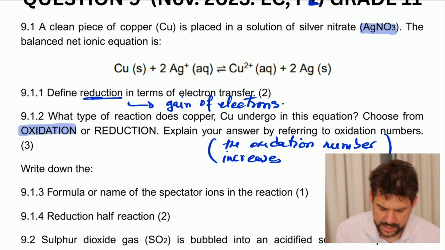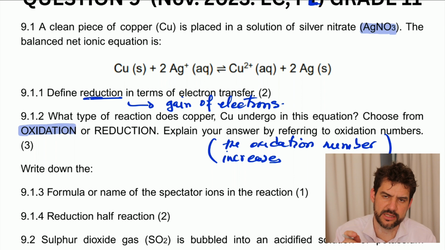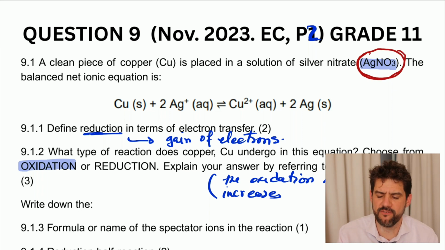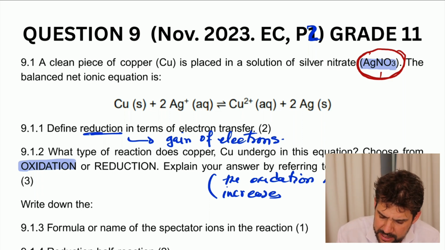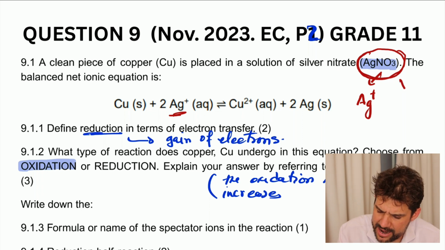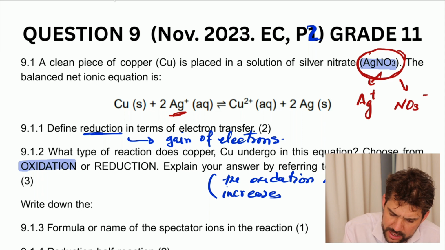Right, so here we are. Write down the formula or name of the spectator ions in this reaction, and this is the reason why I highlight the starting point here. We're starting with a solution that is between silver and nitrate, or silver nitrate. This here is divided into silver, which is right here with the reactants, and nitrate, which is an ion, NO3 minus. This one here, guys, is the spectator ion.